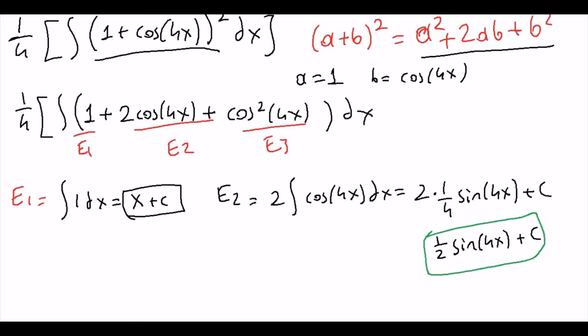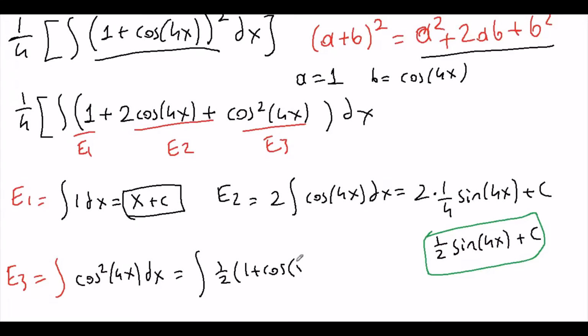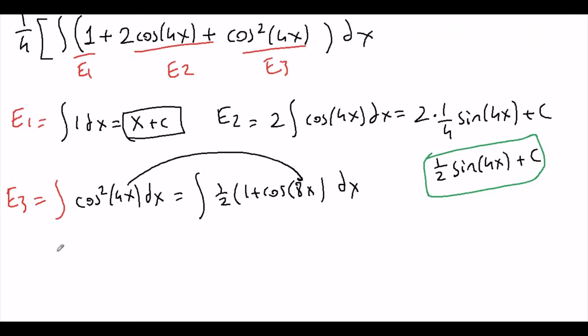Our E3 term is the integral of cosine squared of 4x. Here we're going to apply the half angle identity. So it's going to be 1/2 times 1 plus cosine of 8x. So we're doubling this angle. We can pull 1/2 in front of the integral sign, and we have the integral of 1 plus cosine of 8x dx.